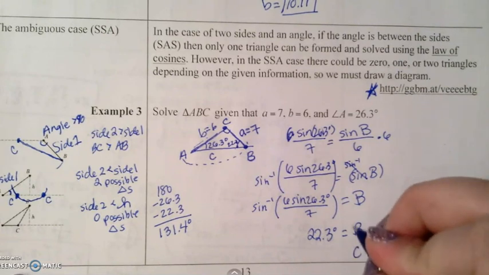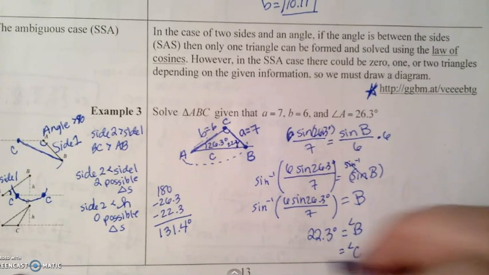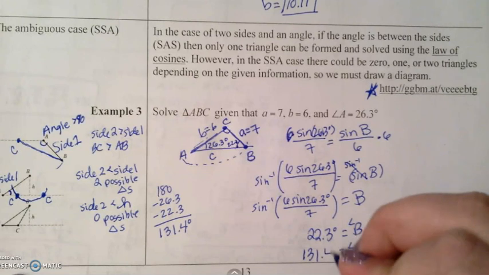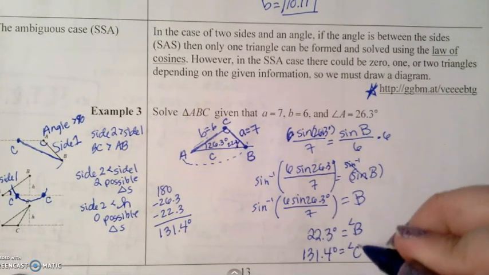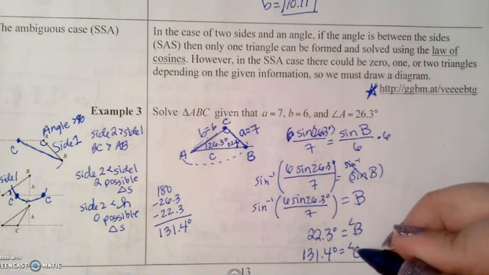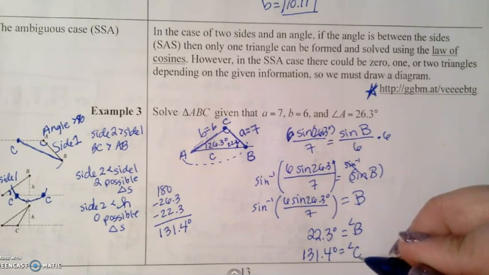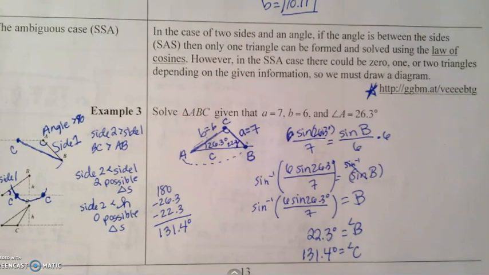So angle C, maybe I'll mark it like this, angle C equals 131.4 degrees. Now if it's the capital letter, you know that we're talking about the angle, but since C is hard to tell whether it's capital or not, if it's not written in a line that has other letters, I like to mark it as the angle just so I can tell that that's my capital C.